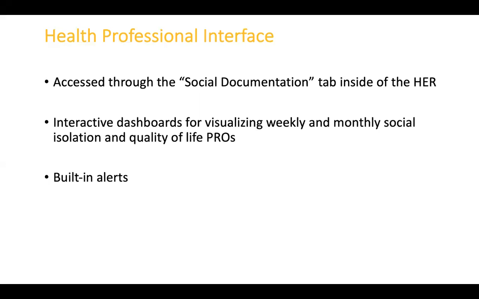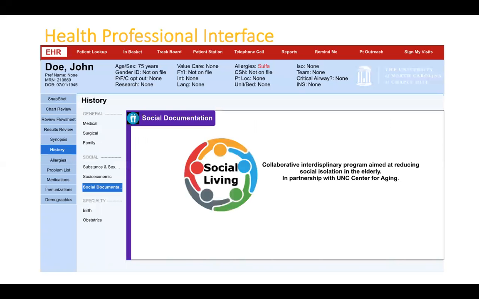So this is the present interface of classically any Epic or any EHR, except for the fact that we had the social living app icon placed in the social documentation. So presently, it's an empty box wherein information is typed. And what we hope to do was provide this icon in the social documentation.